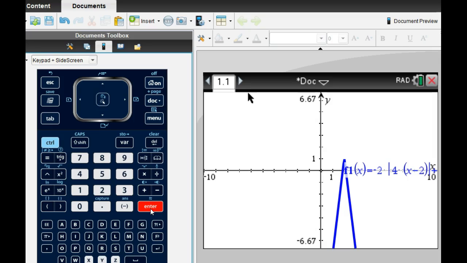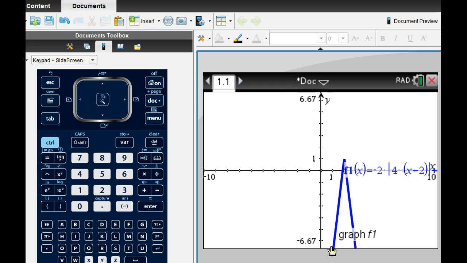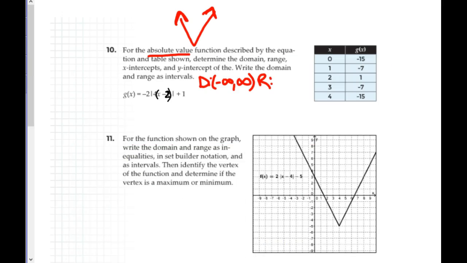Our range is going to go down forever, all the way up to that vertex. Okay. And then how do I figure out the vertex again? Remember, vertex is C comma D. Remember, C is a liar, though, right? So that would be -2, 1, except +2, 1, because C is a liar.